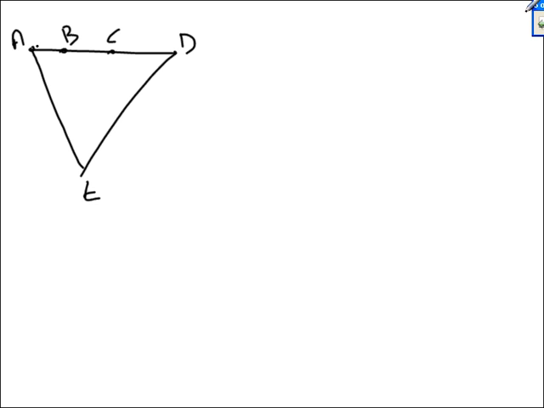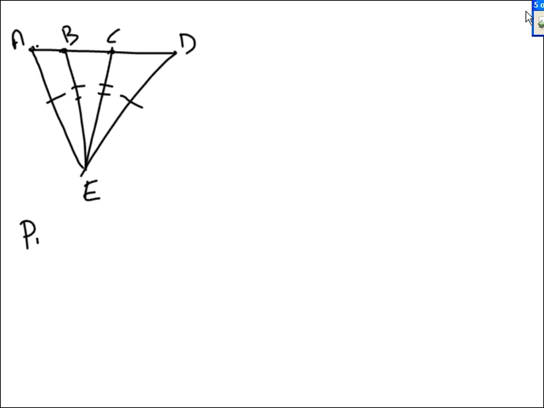Suppose that you were given this diagram, an inverted triangle. You have points A, B, C, and D, and point E. And you were told that AE and DE are the same, and BE and CE are equal.